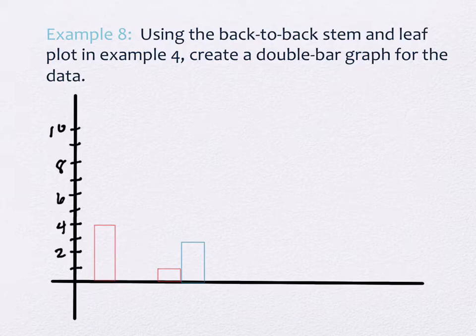Then I have exam number 1, and I have the C's. How many C's were there on exam number 1? 4. So I need a height of 4 again. And how many C's are there on exam number 2? There are 2.